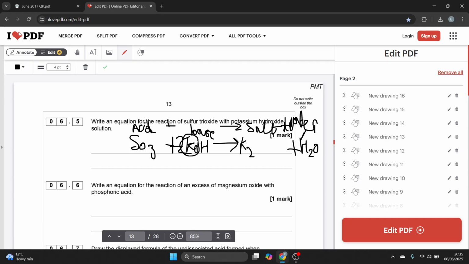And then how many oxygens have I got on the left hand side? 5. So I'm going to say K2SO4. Perfect. That's how you would attack that kind of question.